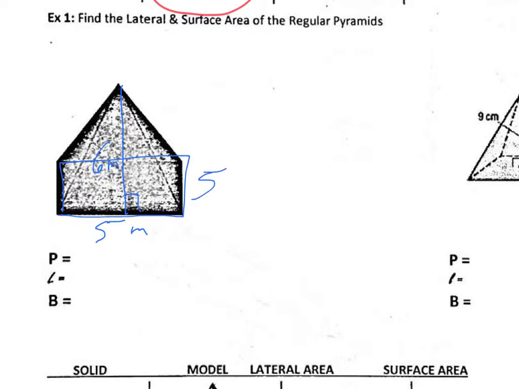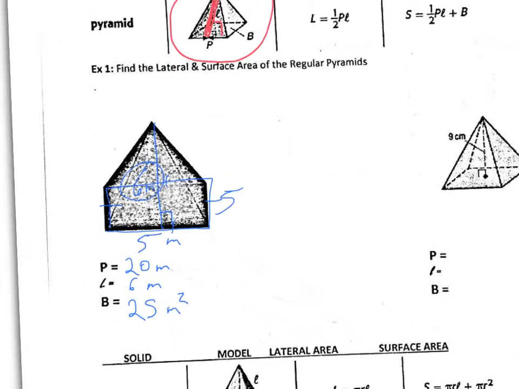So that'd be 5, 5, 5, 5. 5 times 4 is 20 meters. Now we already said that the slant height was 6 meters. And the area of the base is, well, how would we find the area of that square with 5 by 5? Well, 5 times 5 would be 25 meters squared. So that's how we have that information.